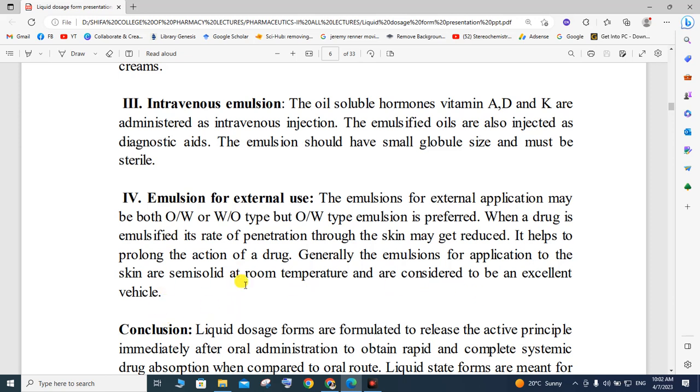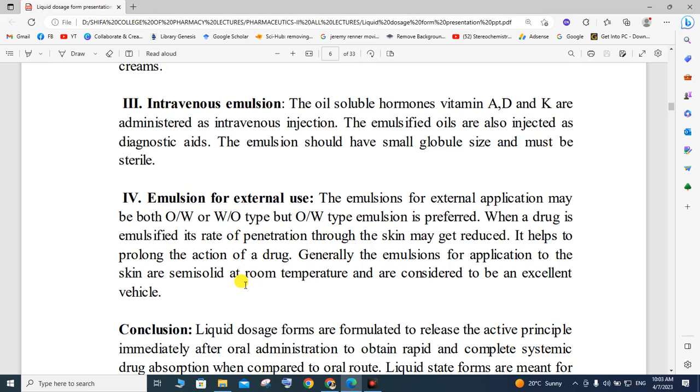So the emulsion for external use is both the oil and water and the water and oil type of emulsion, but the oil and water type is more preferred. When the drug is emulsified, the rate of penetration through the skin may get reduced, so definitely its penetration rate will ultimately be reduced.